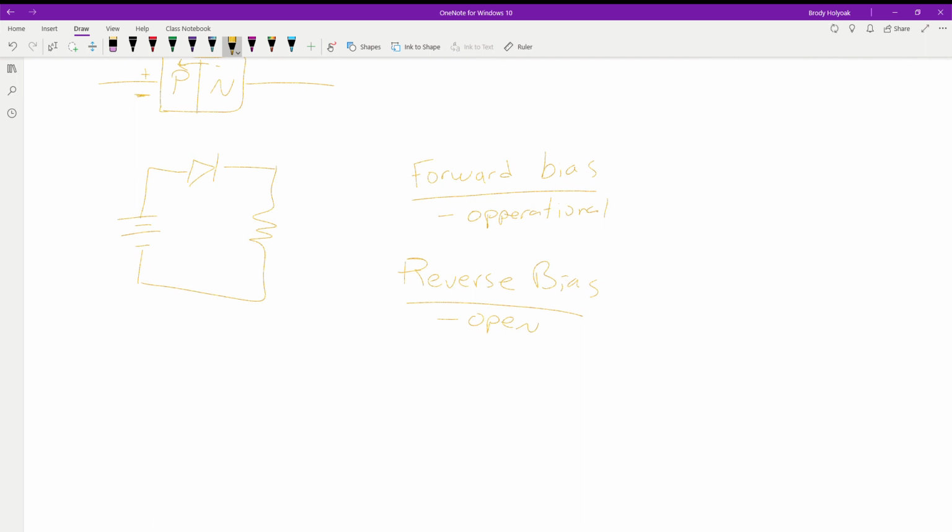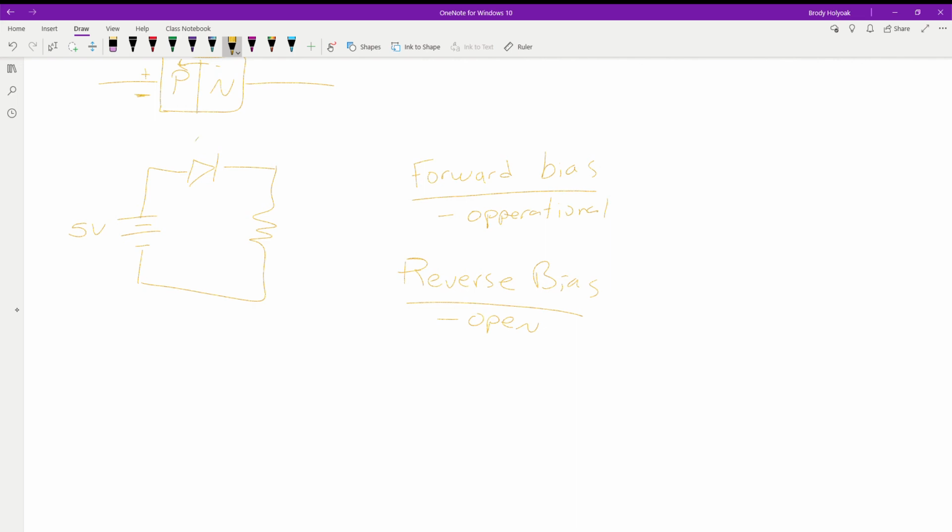So in a circuit with a configuration like this, we would have a 5 volt supply and a diode, and if we don't tell you, assume it's a silicon diode. If we don't specifically say we're using a germanium, assume silicon. So with that, what's going to be the voltage across our resistor? What's going to be the voltage across our diode?